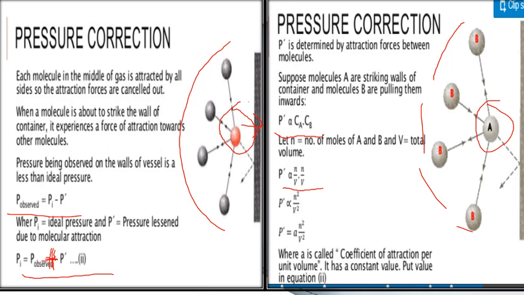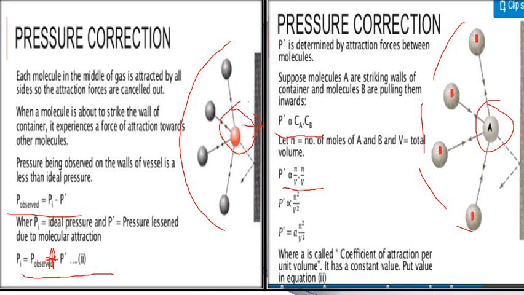This will be the equation, that is the P dash, which you have calculated from here. Now what to do next? This a that you have taken as the proportionality constant is called the coefficient of attraction per unit volume, right? Coefficient of attraction per unit volume, and it has a constant value, right?